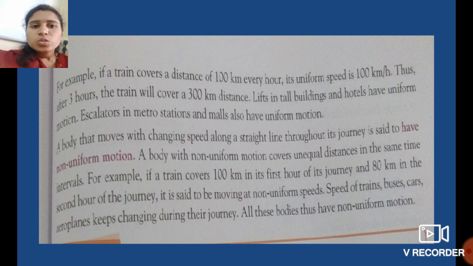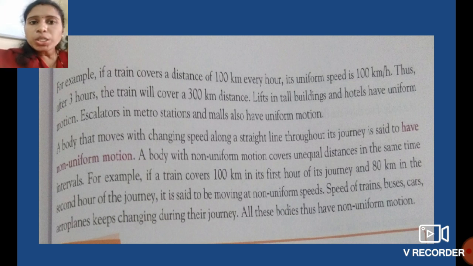The escalators in metro stations and malls also have uniform motion, means the same speed is there. Whenever the speed is constant throughout, at that time we can say that the body or object is said to be in uniform motion.